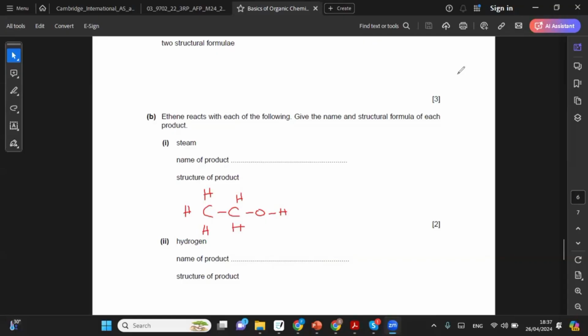And you are taking ethene, an alkene. What happens if you add hydrogen to an alkene? Yes, the double bond is going to break, the hydrogen is going to be added to it, and my ethene is going to turn into ethane. And the condition that we require for it is that you need a nickel catalyst to be present.